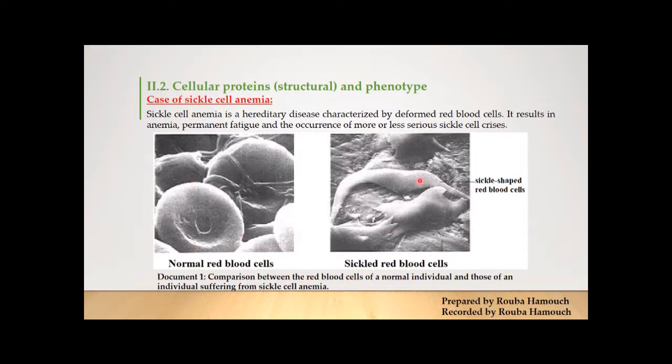Whereas the red blood cells in the case of sickle cell anemia have a sickle shape or an elongated abnormal shape. This elongated abnormal shape will block the blood circulation, we will see later.